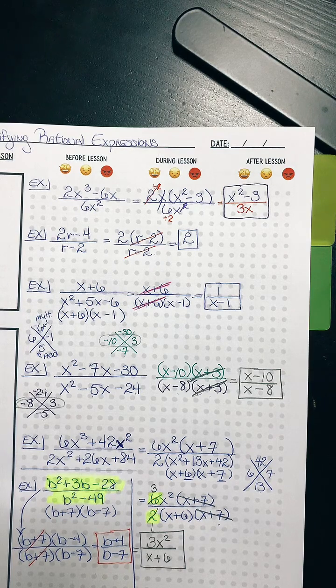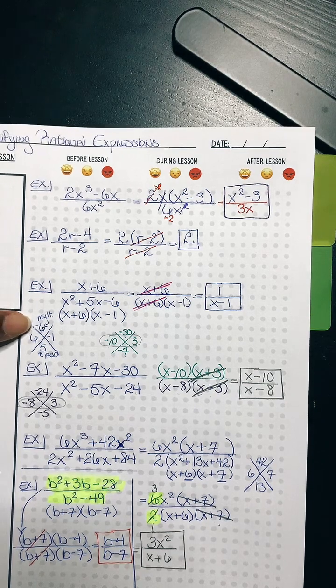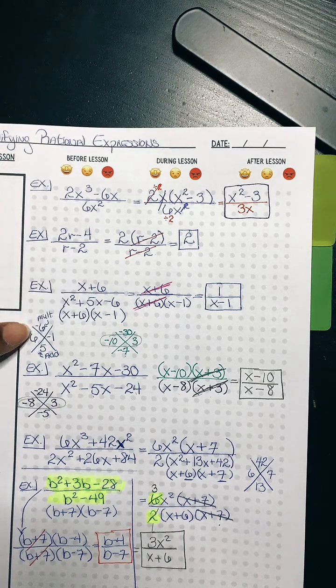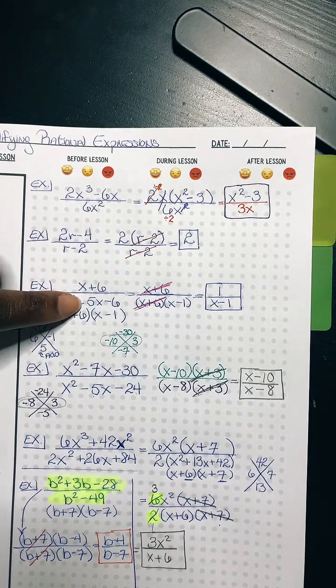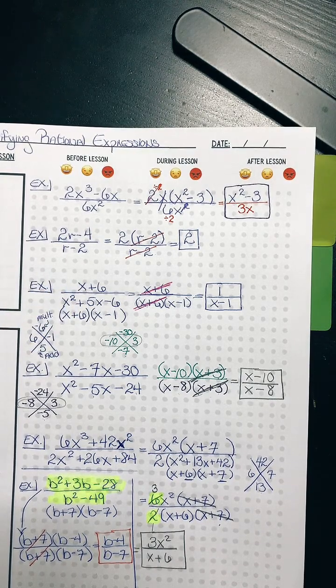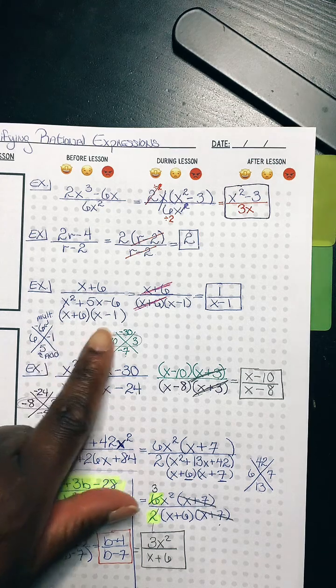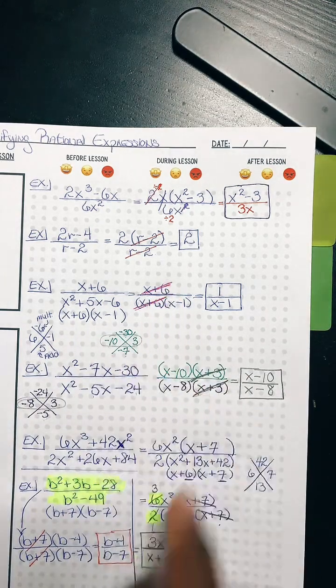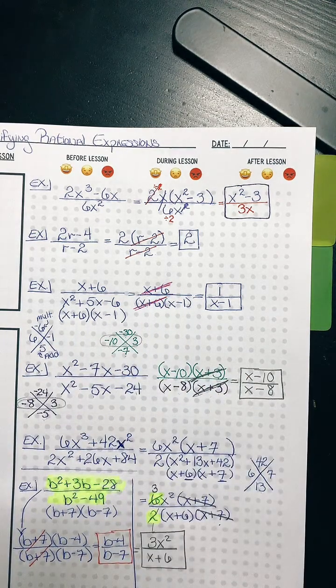So since the leading coefficient is 1, we had to kind of split that up and then figure out what two numbers multiplied together will give us our last term, our constant, and add together to give us our middle term, which is our x. Once you figure that concept out, you can set up your parentheses. And then once you set up your parentheses, see if there's something that you can cancel out.